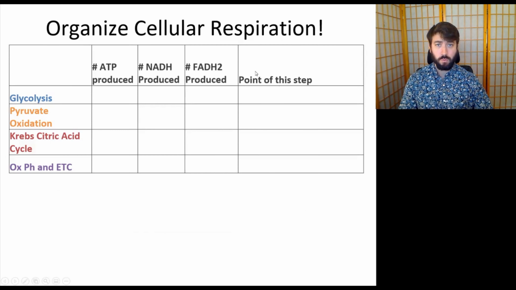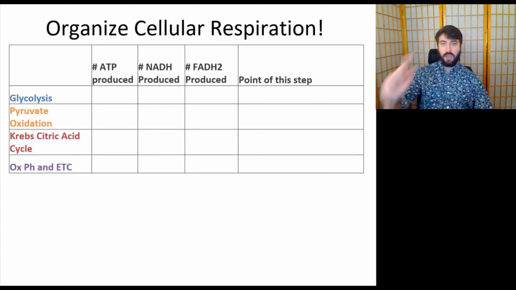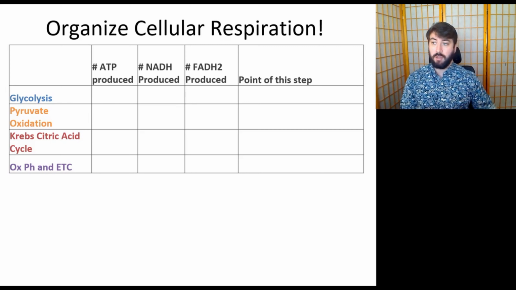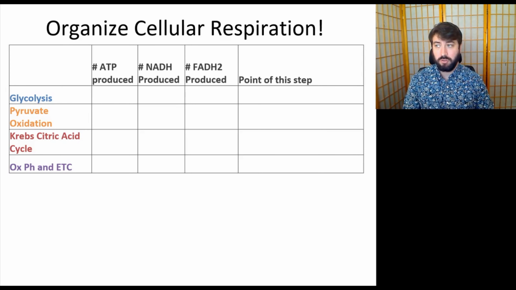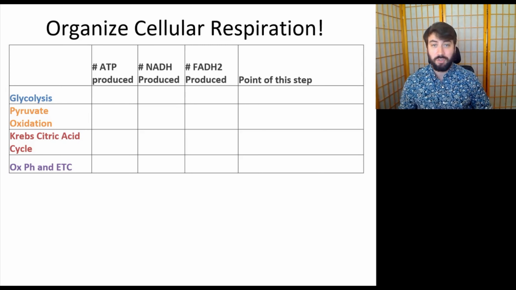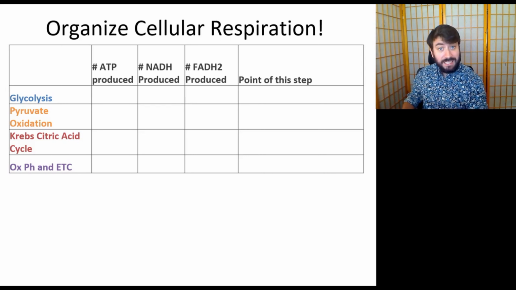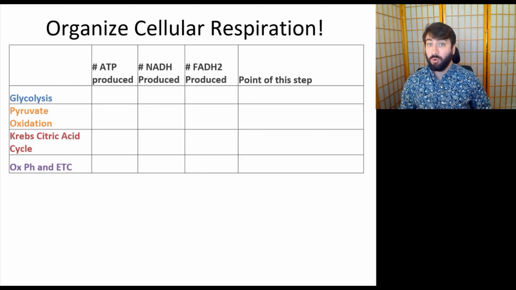Lecture 9.1. Actually, before we get started, you might want to do something like this ahead of time. You can probably come up with a better table in the long run, but this is not a bad way to start organizing yourself a little bit here, and keeping track of all the different processes and their products.